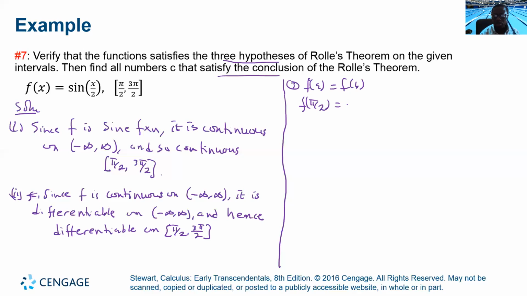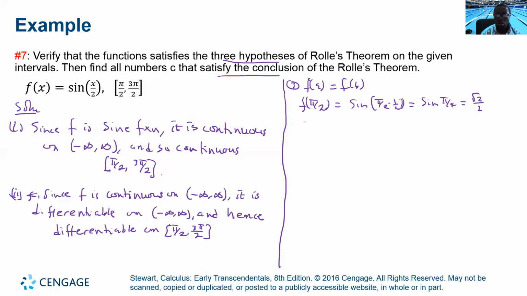F of pi by 2 is sine of pi by 2 times 1/2, which is equal to sine pi by 4. And sine pi by 4 is actually root 2 over 2.